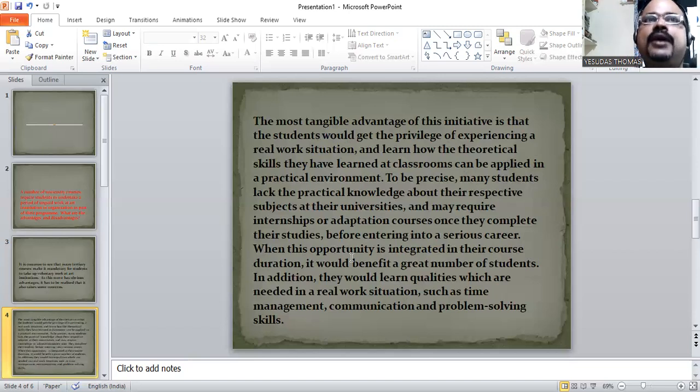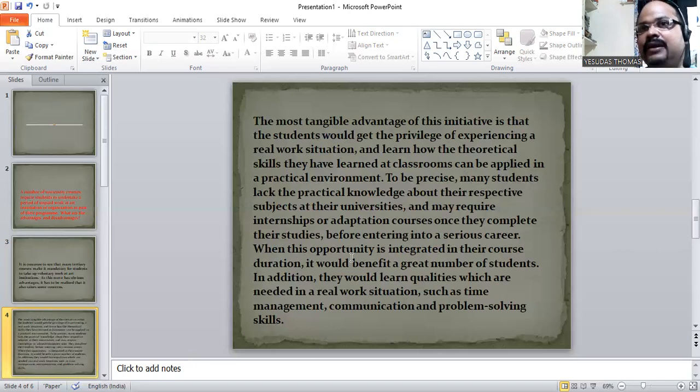All these things are required because once they graduate from these universities, they need some work experience in the real atmosphere. So they have to do some internships, they have to do some adaptation courses before they take up a serious career. When this opportunity is integrated in the course duration, it would benefit a great number of students.